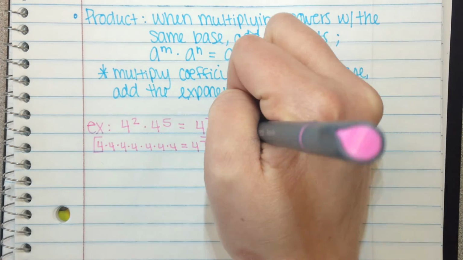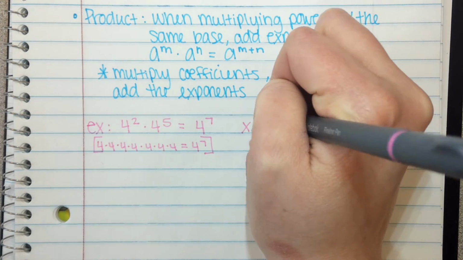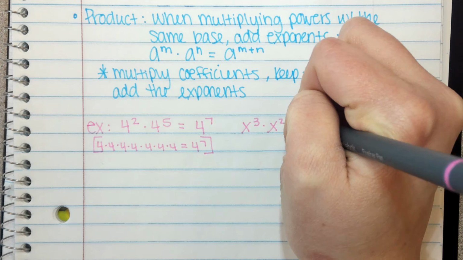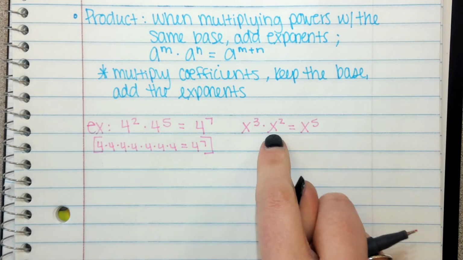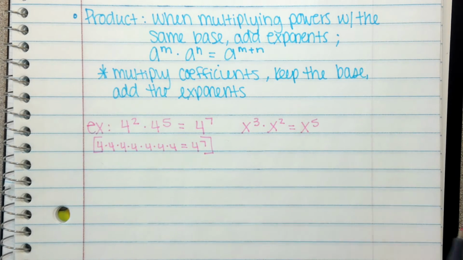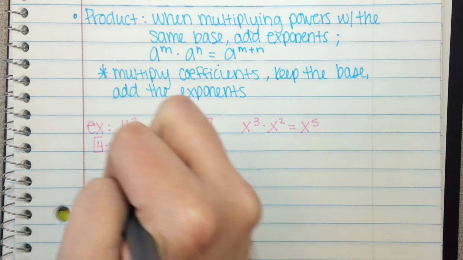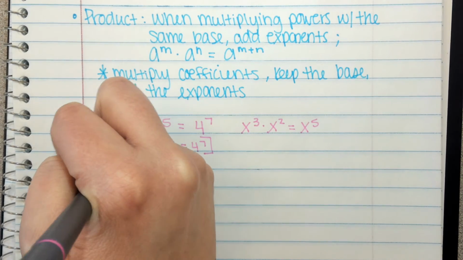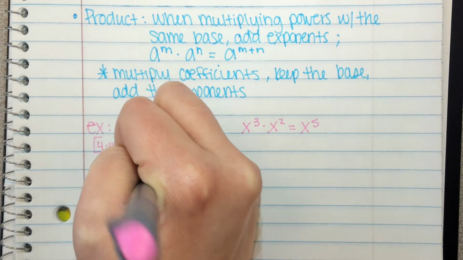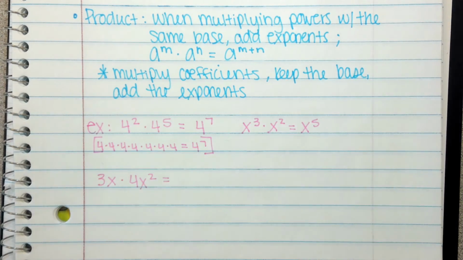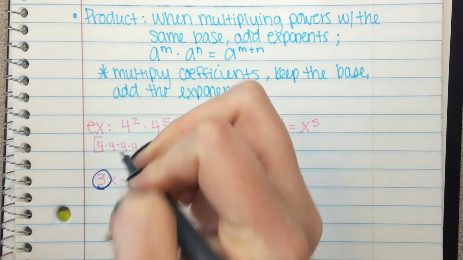Okay, here's another example. X to the 3rd times x squared is x to the 5th. Okay, keep the base, add the exponents. All right, here's another one. 3x times 4x squared. This one, we have to know the difference. So the numbers in front are our coefficients.